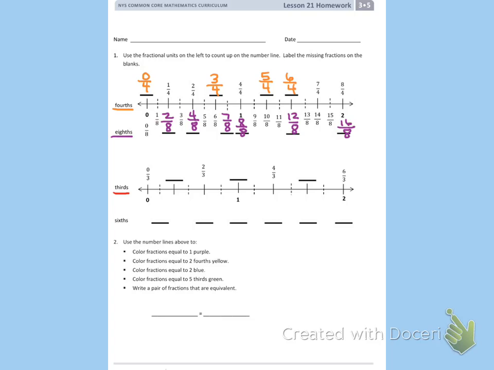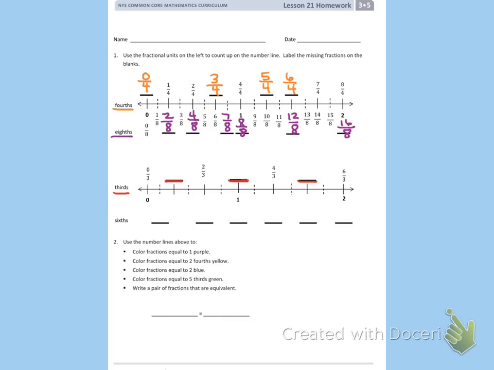After 0 thirds comes what? You write it down on this line. Then comes 2 thirds. Then we have another line. How many thirds are the same as 1 whole? Then 4 thirds, and then another blank, and then 2 wholes is the same as 6 thirds.